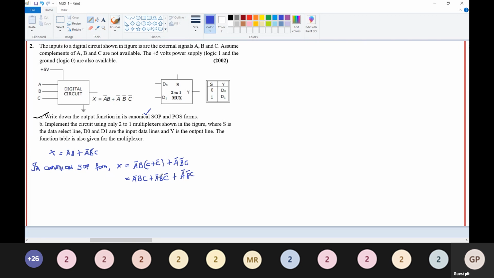Now write the corresponding minterm value. If the dash is there, it is 0; if the dash is not present, it is 1. So 011, 010, 001. Remember the weights in three variables are 4, 2, 1. So this is M3 + M2 + M1.